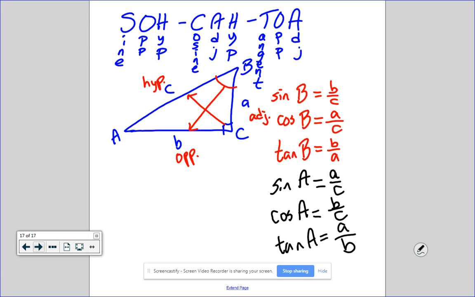Look at those two ratios. What happens with sine and cosine? They just flip-flop, right? Sine of B is cosine of A. Cosine of B and sine of A are the same thing. The only place it really changes is tangent, and for that one you just flip-flop the fraction.